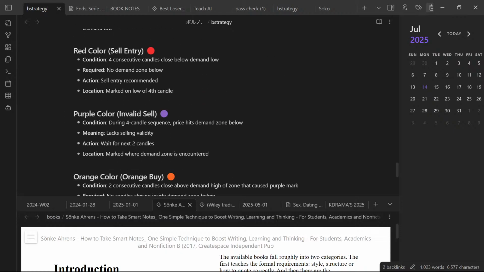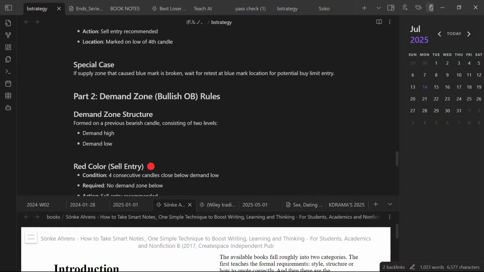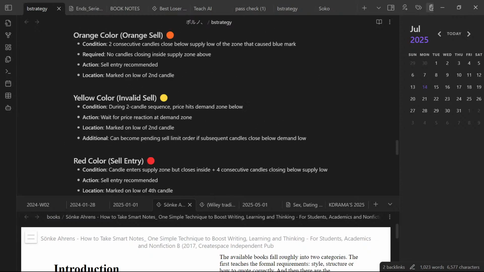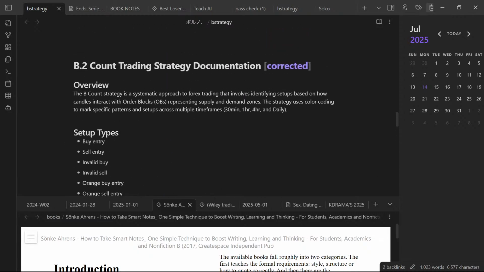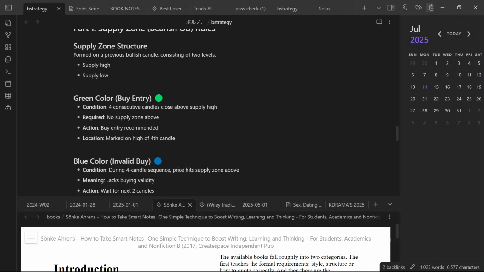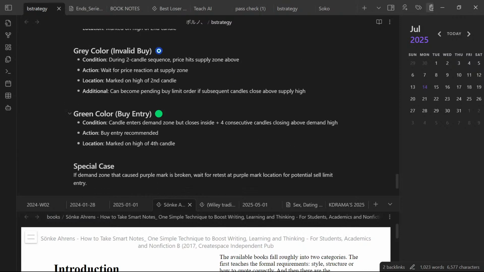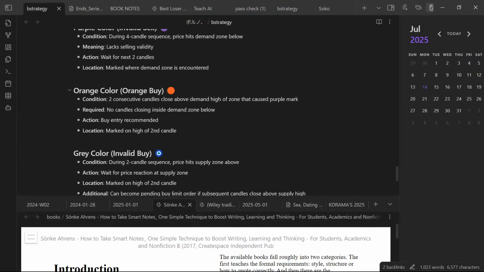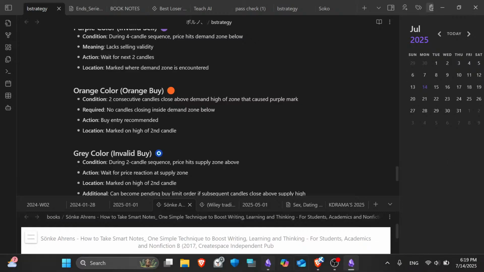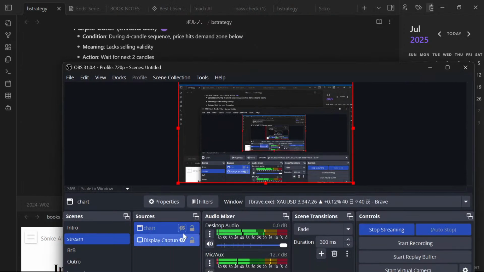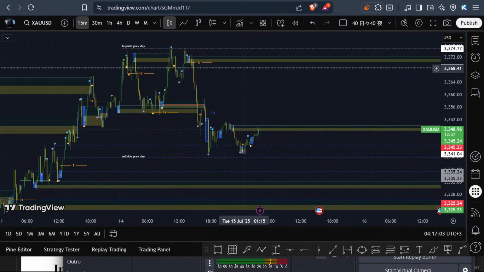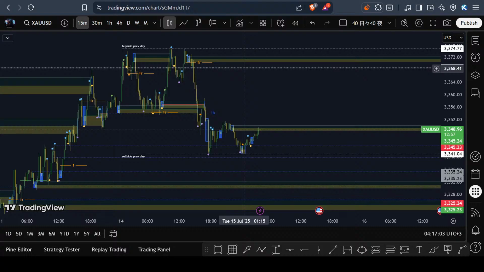Let me use the corrected one. This is the actual one. So they all have their meaning. Don't worry about that. It is based on my strategy, the breakout tool strategy over there. Alright, so that is clear.